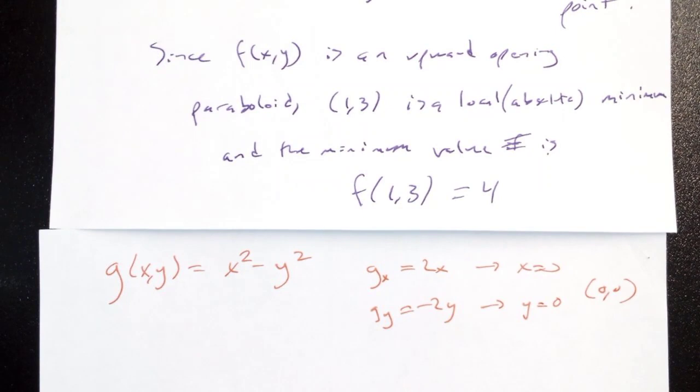I'm not disagreeing with that part, but you said this is a minimum. How do you know it's a minimum? I don't actually know that. I know that that's my critical point. You're absolutely right. The origin is my critical point, but I don't know what's happening at the origin.